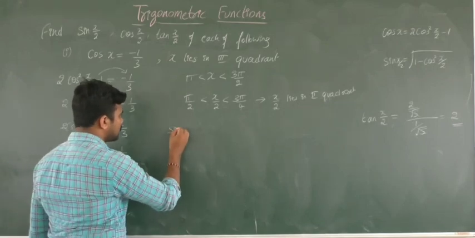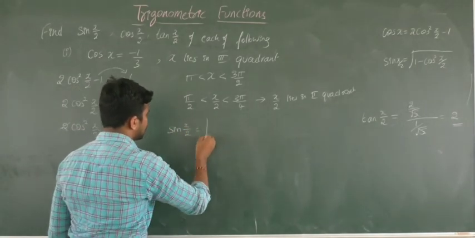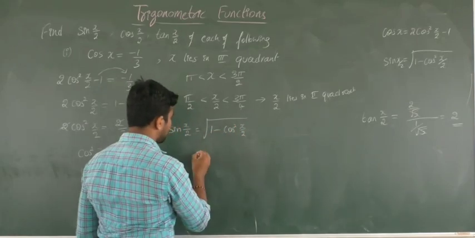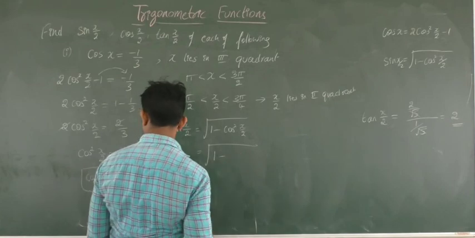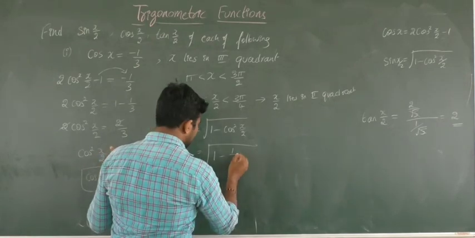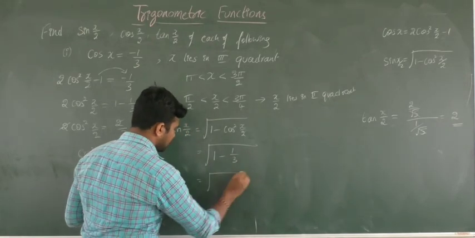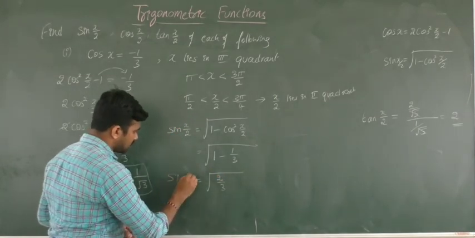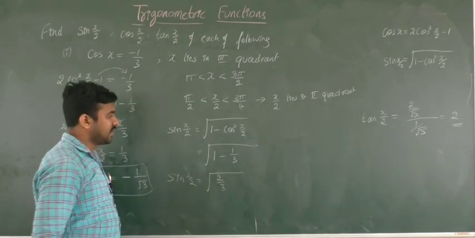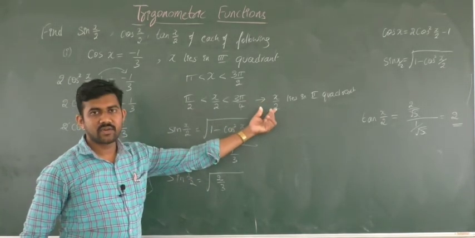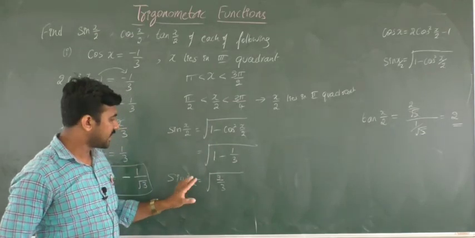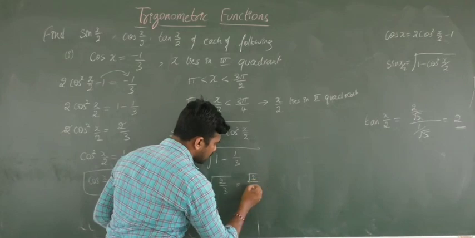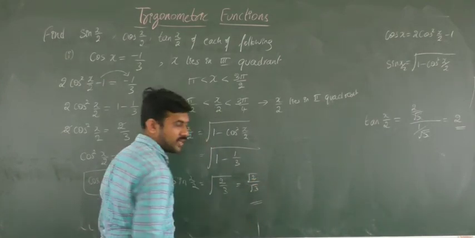Sin x by 2 is the square root of 1 minus cos square x by 2. 1 minus 1 by 3, take the LCM, is 2 by 3. Sin x by 2 is root 2 by 3, and in the second quadrant sin is positive. Or else you can write this as root 2 by root 3.